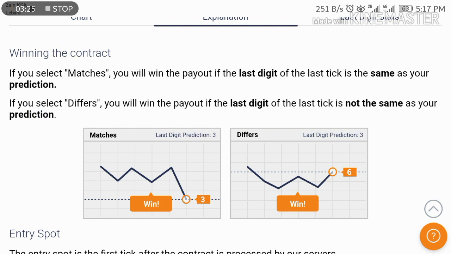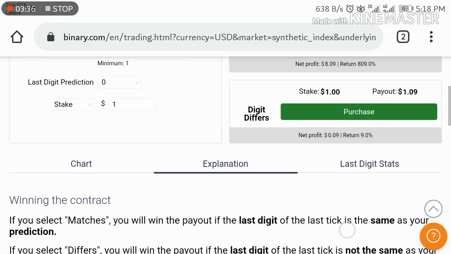It means that if you choose last digit 0, and any digit like 3, 2, 1, 5, 6, 7, 8, 9 appears, you will definitely win.